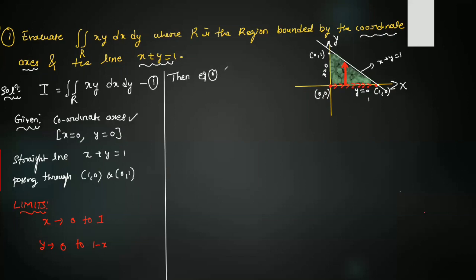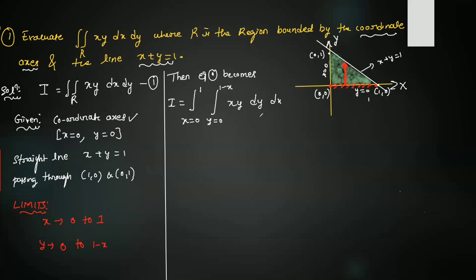Now the integral I is equal to, always the constant limits first: x equal to 0 to 1, independent, then dependent, y is equal to 0 to 1 minus x, xy dy dx, because we have to integrate first with respect to y.